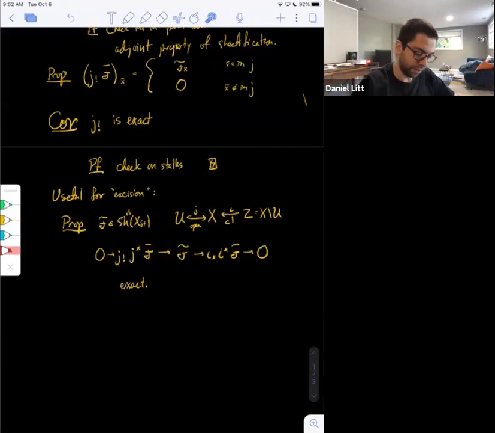All right. What about this map from F to i lower star i upper star F? Can anyone tell me how to do that one? Any thoughts?